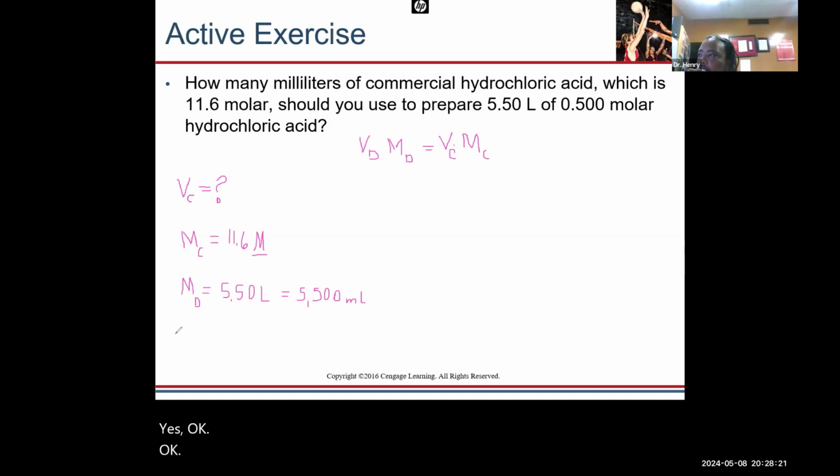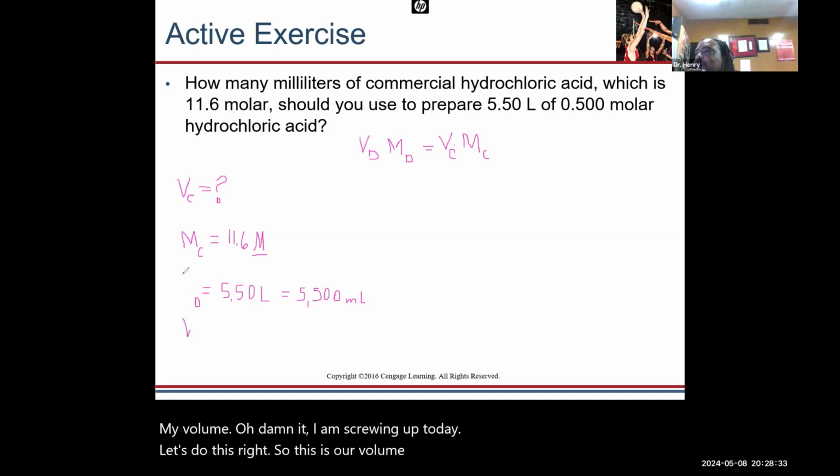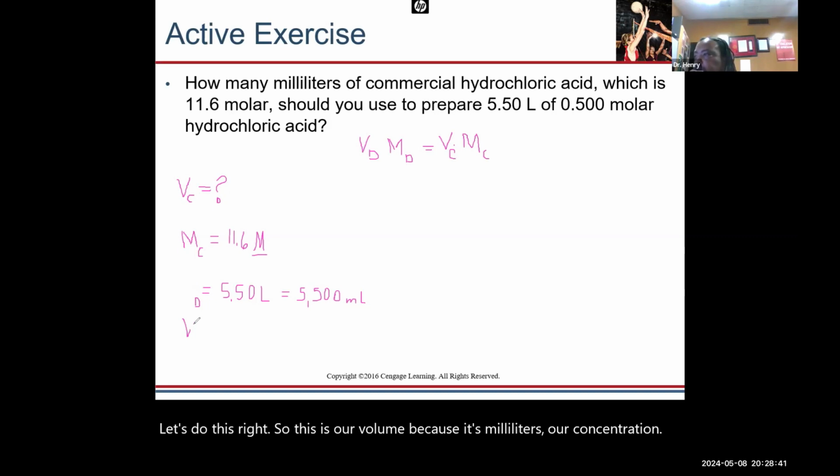So my volume, oh, damn it. I am screwing up today. Let's do this right. So this is our volume because it's milliliters. Our concentration, wow. Okay.